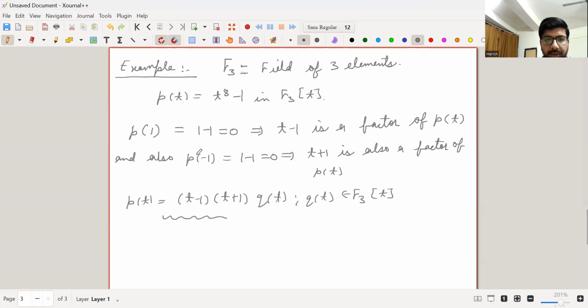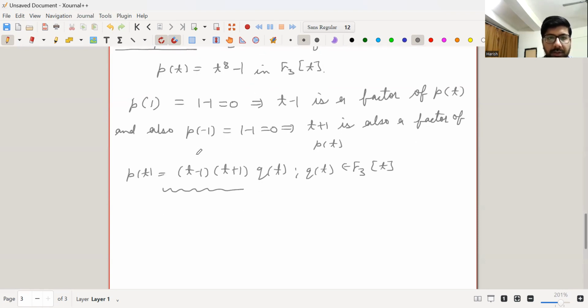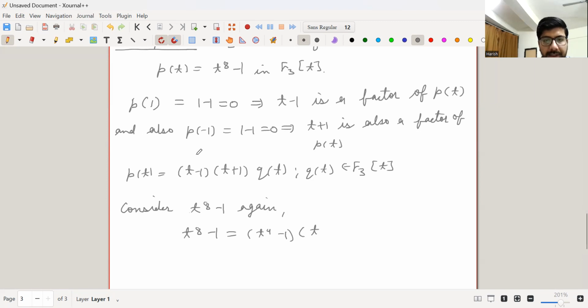So consider this polynomial again. What we have is t^8 minus 1. So this is (t^4) squared minus 1 squared. We can use the a squared minus b squared identity, which gives that this is (t^4 minus 1)(t^4 plus 1), right?